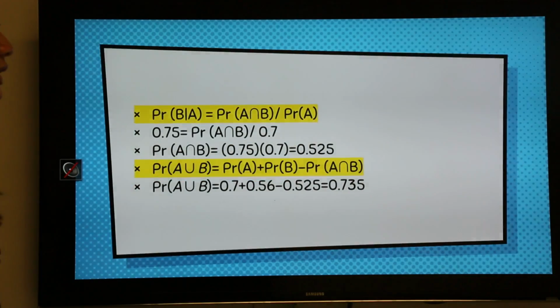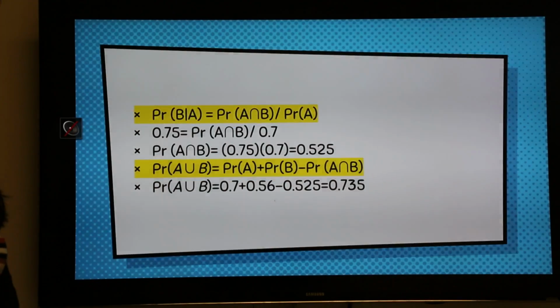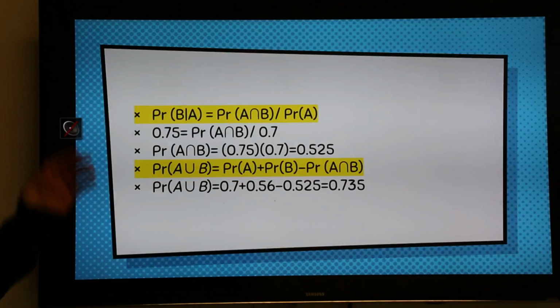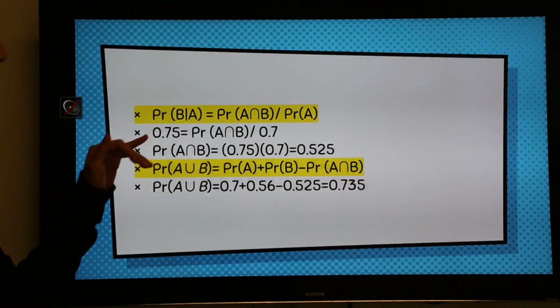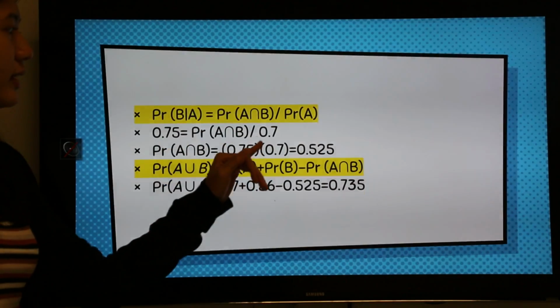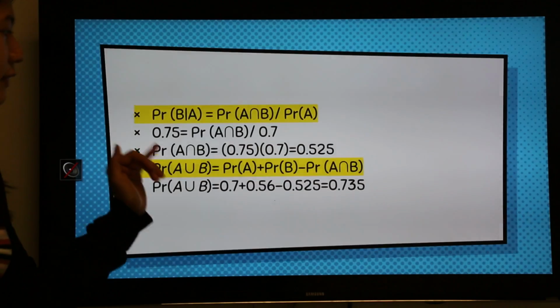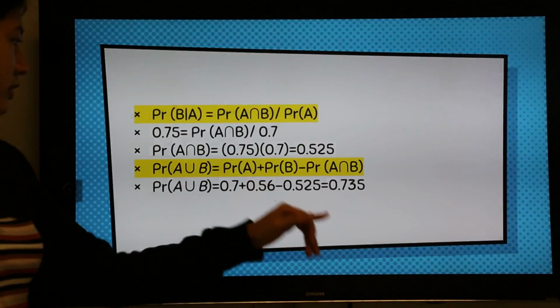So the probability of B given A equals probability of A intersect B divided by probability of A. We substitute, so 0.75 equals probability of A intersect B divided by 0.7. So we got probability of A intersect B equals 0.525.